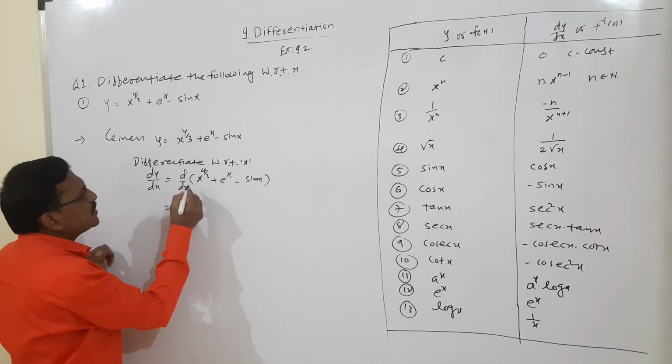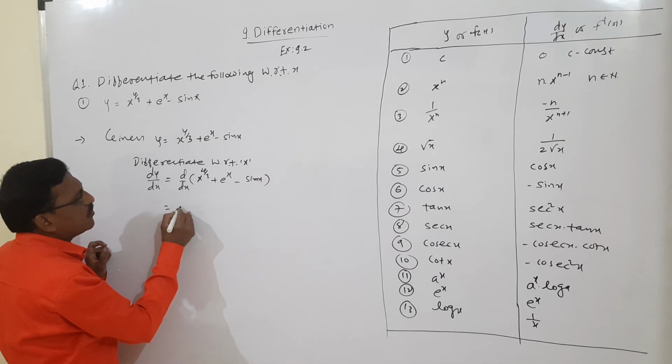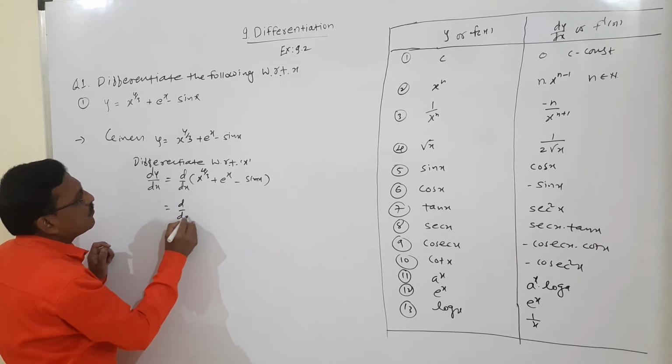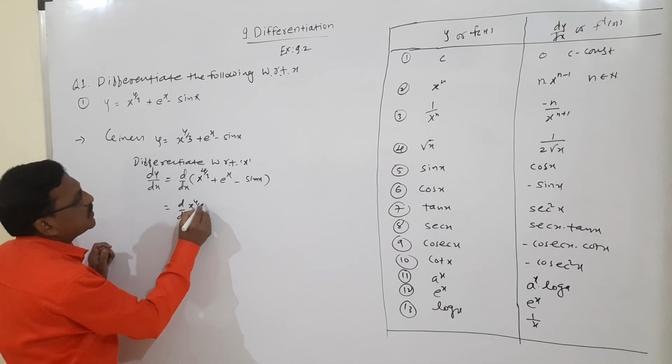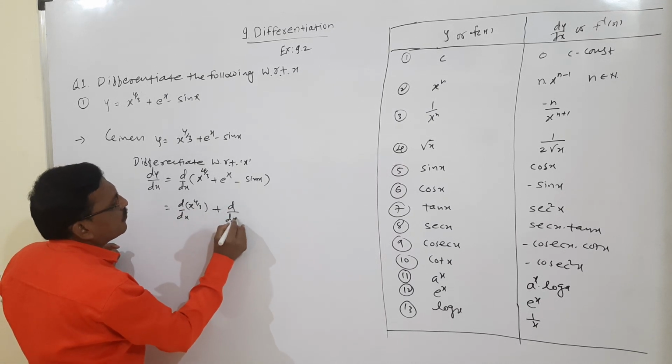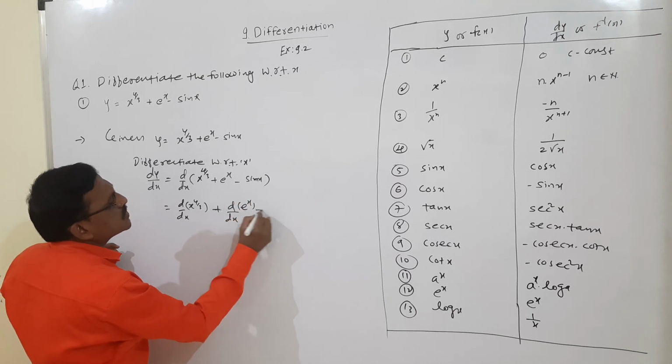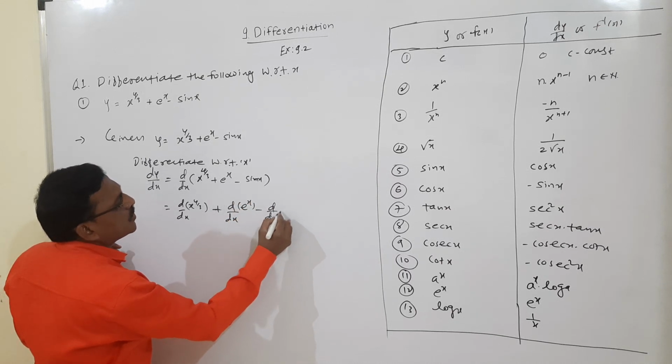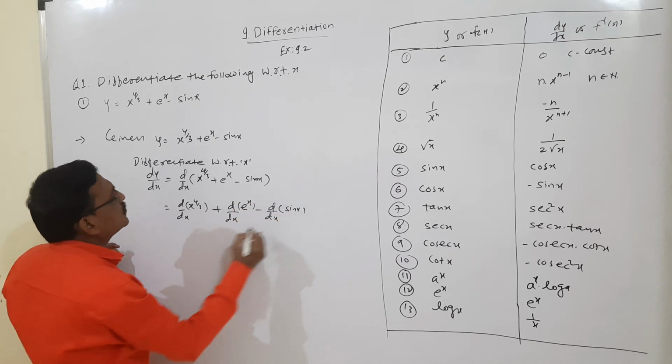So now we will take separate derivative of each and every function. So derivative of x raised to 4 by 3 with respect to x plus derivative of exponential function e raised to x minus derivative of trigonometric function sin x here.